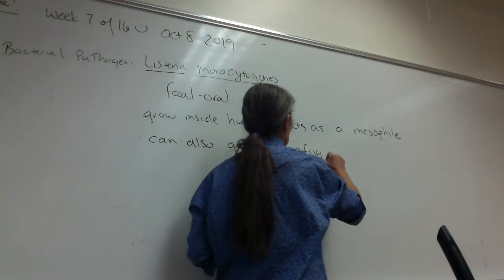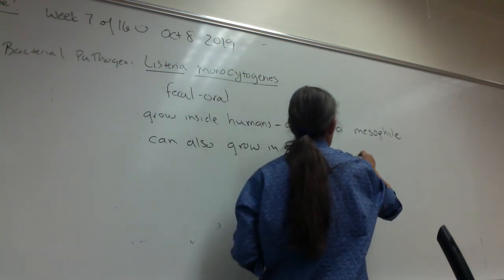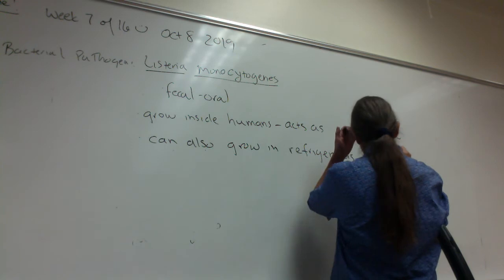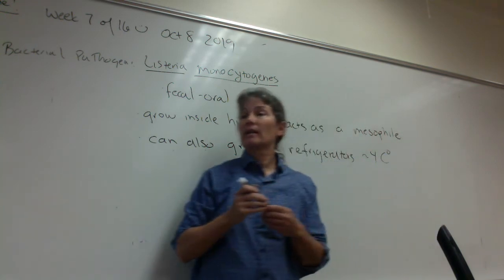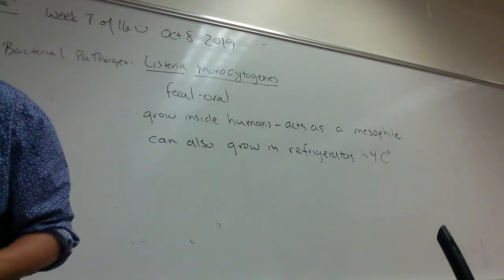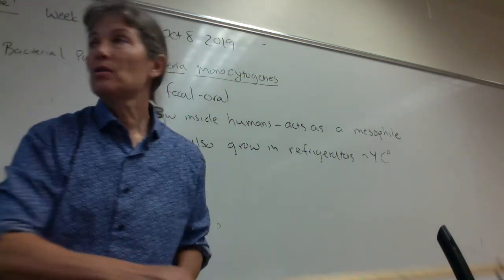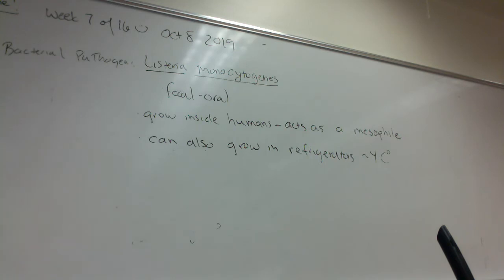And refrigerators, you guys, most of them are around 4 degrees Celsius. So if it's growing in the refrigerator, folks, how would we classify it? So 4 degrees Celsius is here. So it can switch to being a psychrophile.